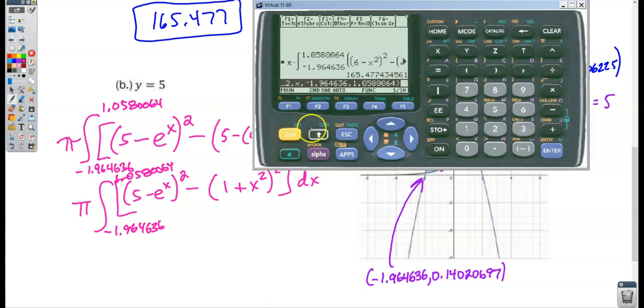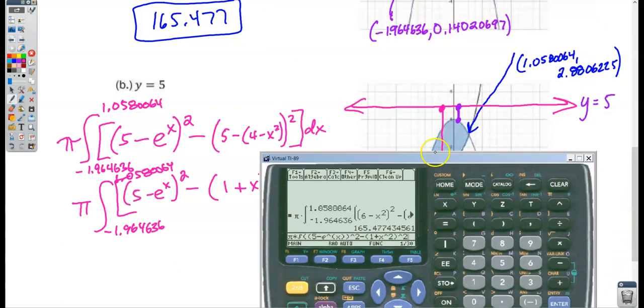So I'm going to have pi times the integral of the quantity 5 minus e to the x, quantity squared, minus 1 plus x squared, quantity squared.